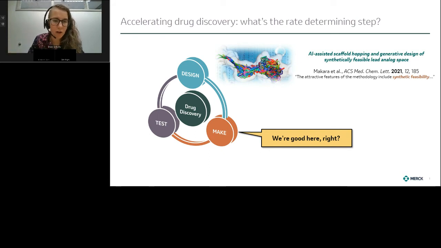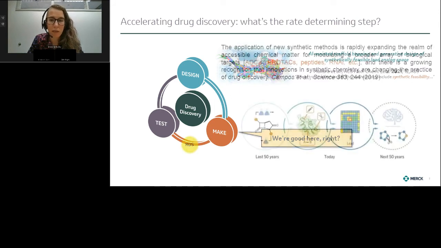We know how to make a variety of different molecules. But what many of us on the line probably know is that we tend to rely upon these battle-tested reactions because we know that they're going to work. Ultimately, this can slow down the design, make, test cycle and limit the creativity of the molecules that we ultimately want to make.